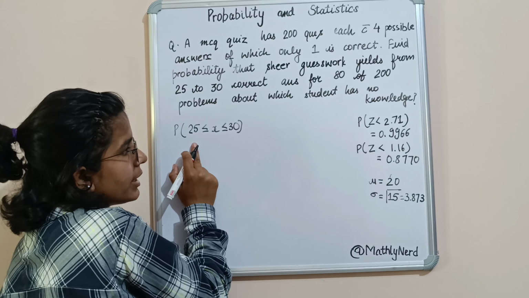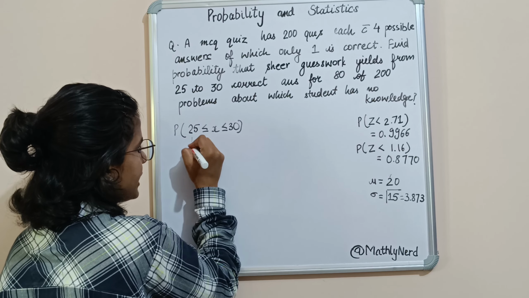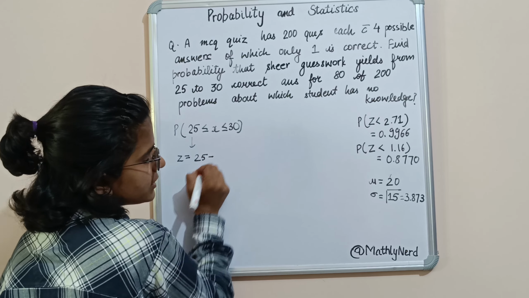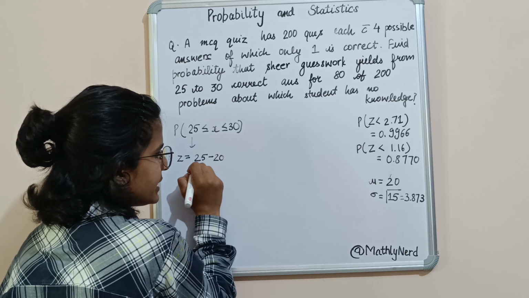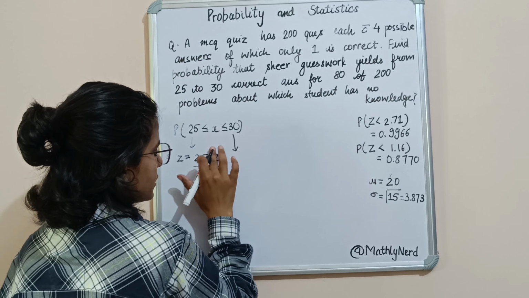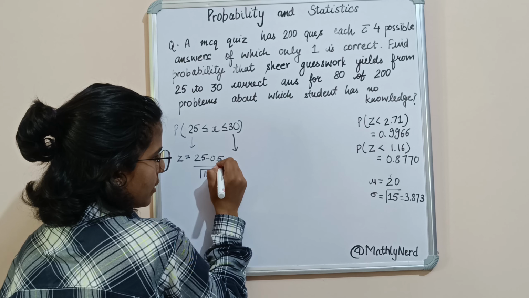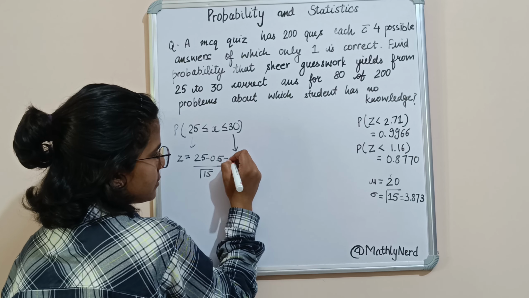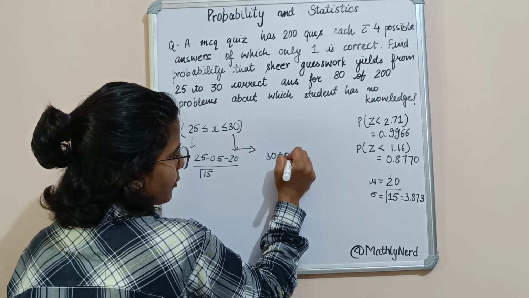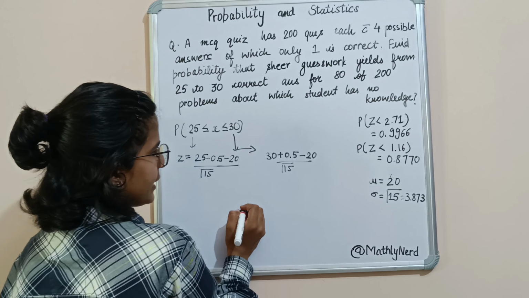Now if this is x1 and we want to change this into the standard normal variate z, then z will be equal to 25 minus 0.5 minus 20 divided by sigma, and for 30 it will be 30 plus 0.5 minus 20 divided by under root 15.